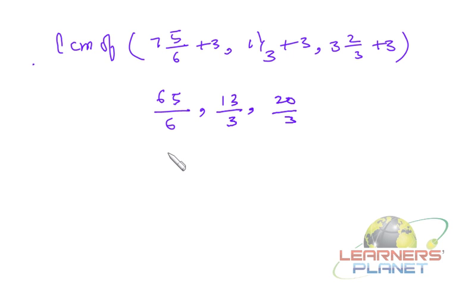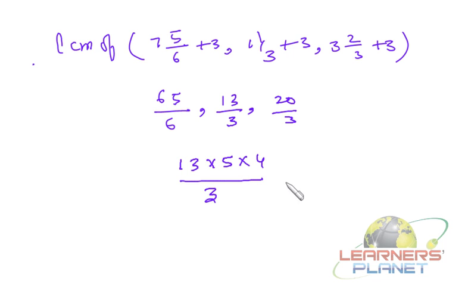Now what is LCM of fractions? That is LCM of numerators by HCF of denominators. So we have to find out the LCM of 65, 13 and 20. What will that be? It is 13 into 5, it is 13, it is 4 into 5. So it is 13 into 5 into 4. Okay. And HCF of 6, 3, 3 will be 3.